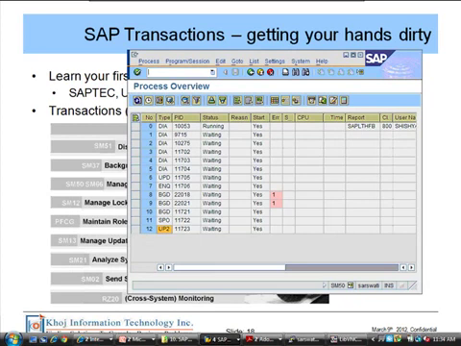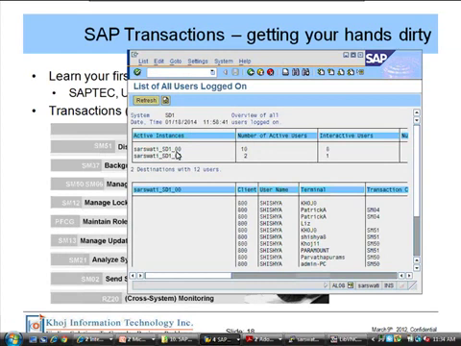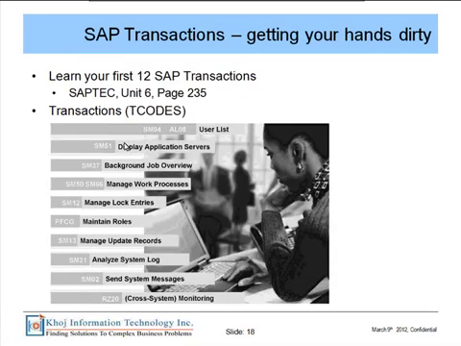also gives you the user list, but it is across all the instances, across both 00 and 02. List of all users logged on across both the instances is what AL08 does for the whole system. Then you got SM51.